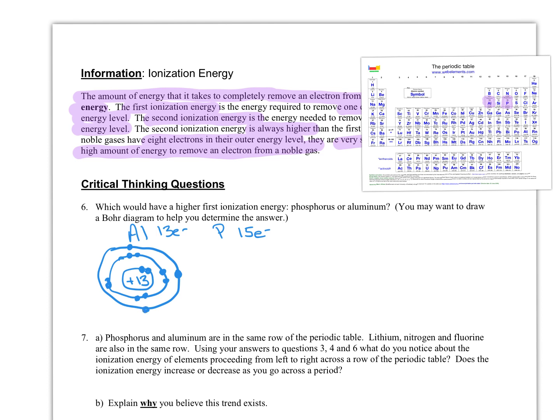And phosphorus is going to have the plus 15. 2 in the first one. 8 in our next one. The next energy level. So that's a total of 10 right now. And then we're going to need 5 more.